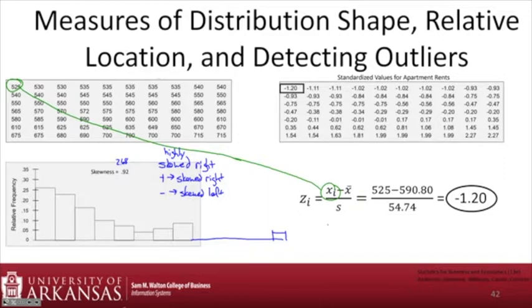Okay, so I'm going to take a data point, that data point right there. I'm going to transform it into standard deviation units.